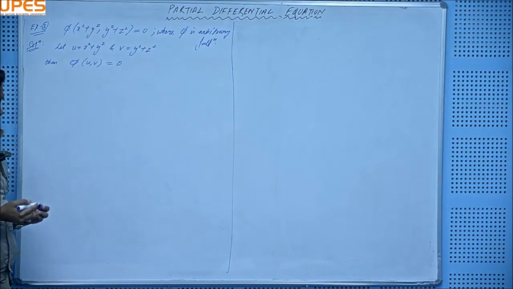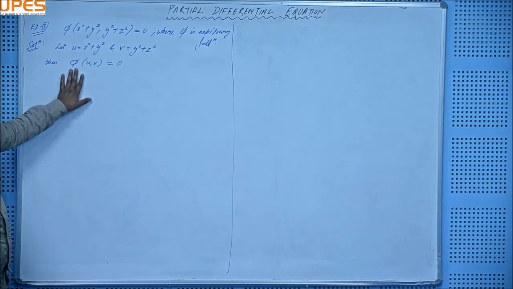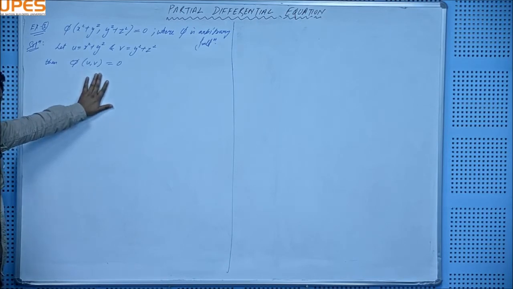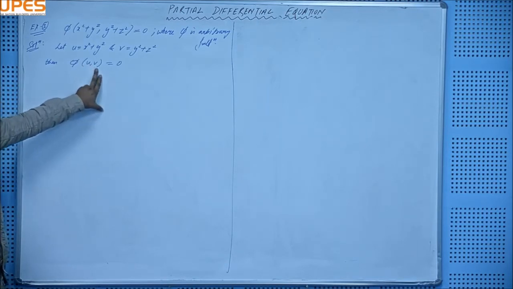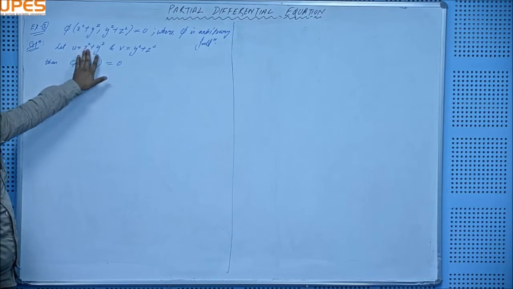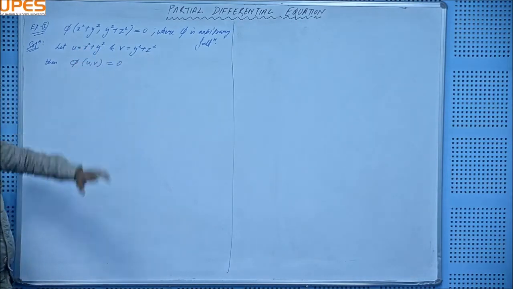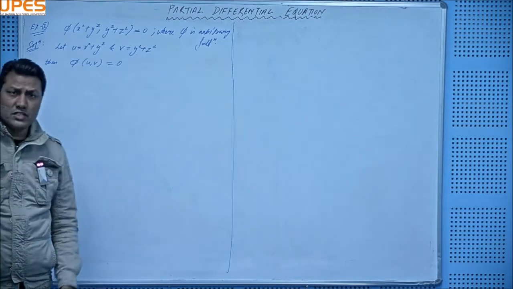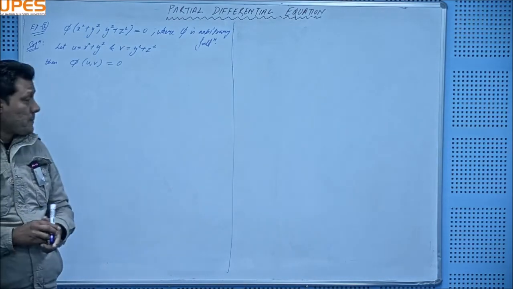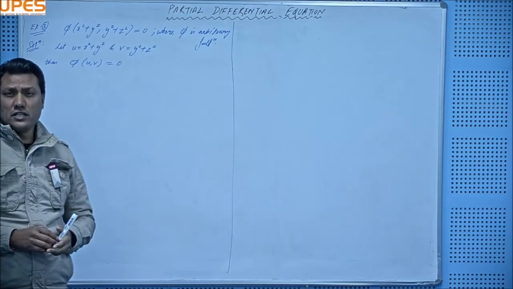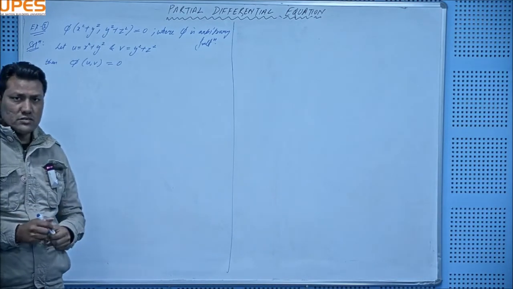It means that there is a function involving u and v, or you can say that there is a relationship between u and v, where u is a function of x, y and z, and v is also a function of x, y and z. And whenever there are two functions u and v which are dependent on each other, or they are functionally related, then their Jacobian is 0.